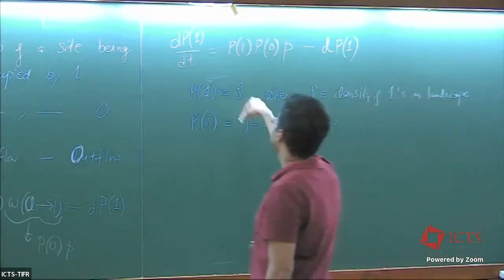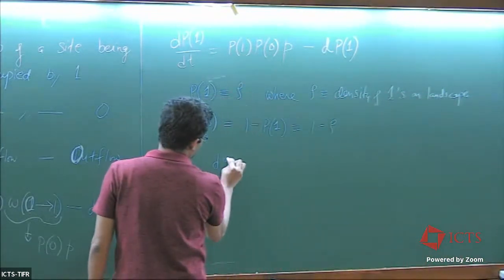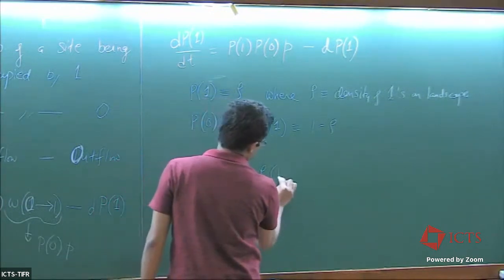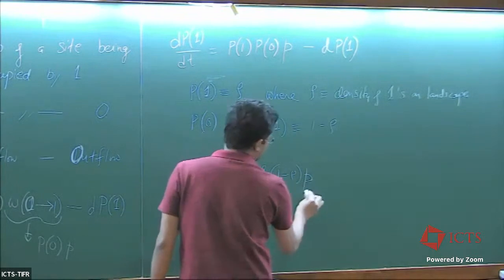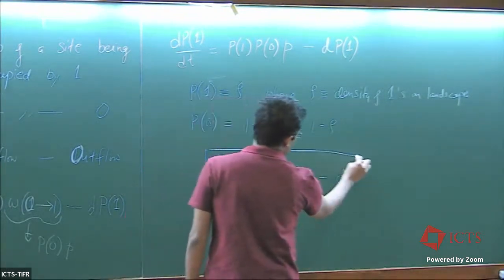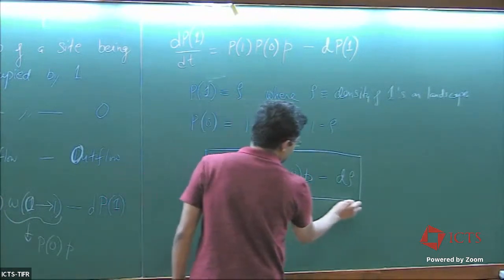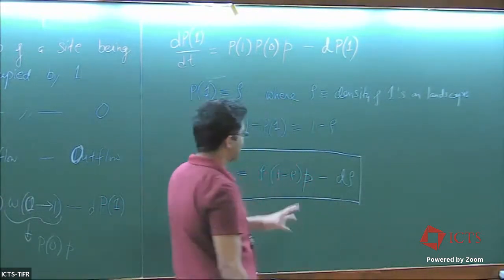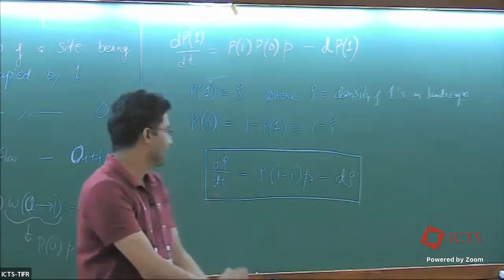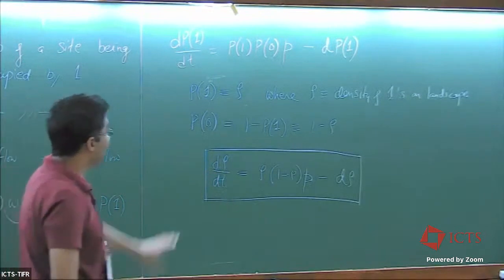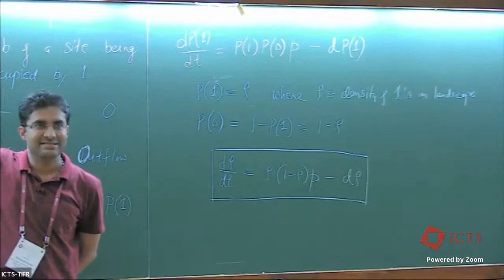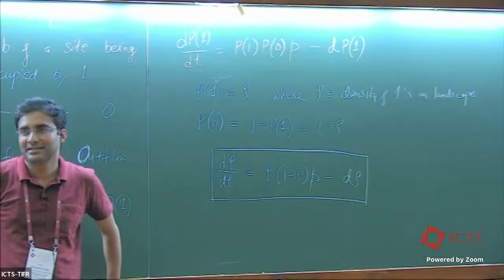So now let's substitute these in the equation above. And depending on whether it is D or P, you have a slightly different equation. Okay. So this is the mean field approximation for the model we just described, the stochastic birth and death process.